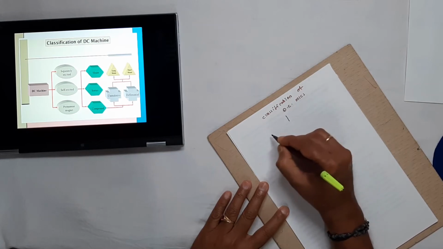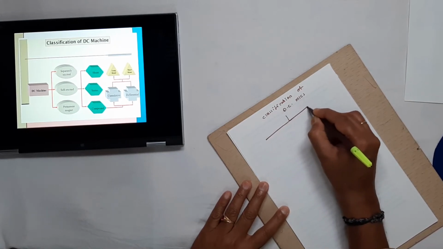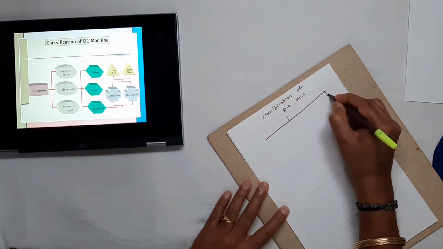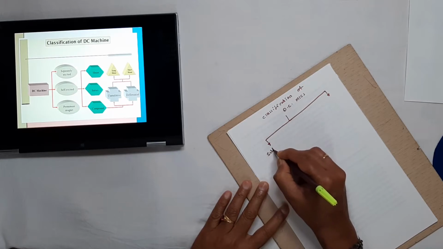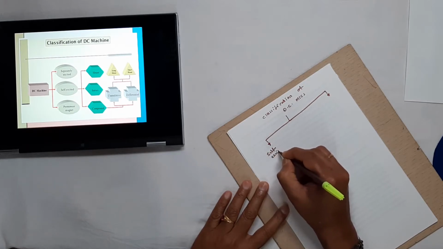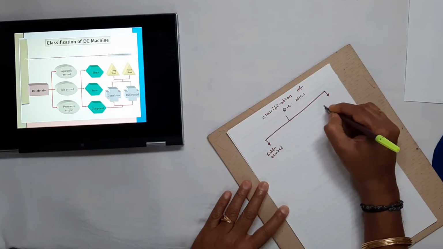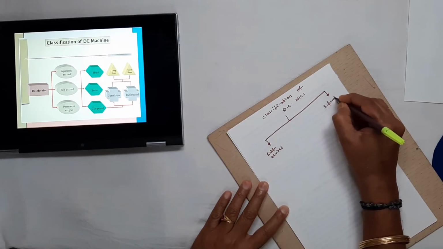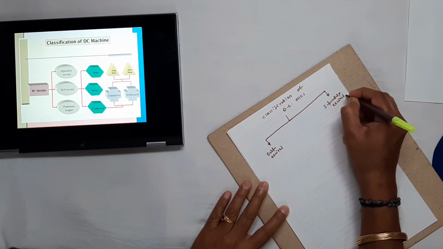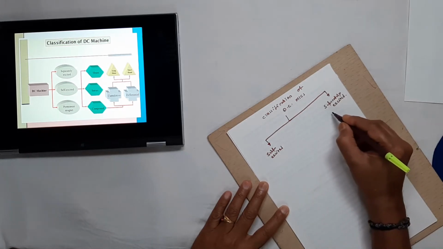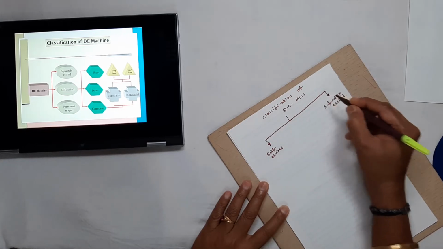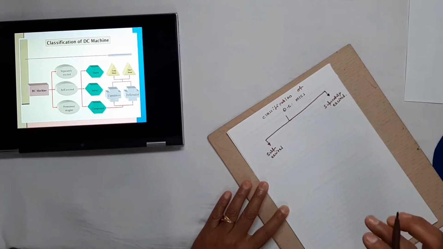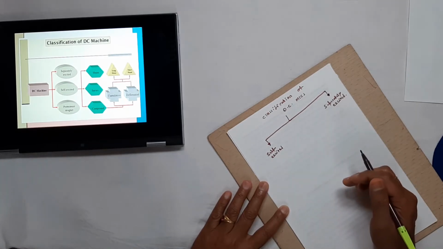This machine is broadly divided, as I told you, classified into self-excited and separately excited. And in the separately excited, you have only one type, because the field is excited by a separate source, then it is called a separately excited generator.